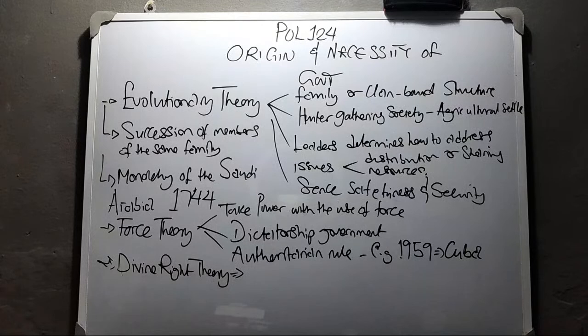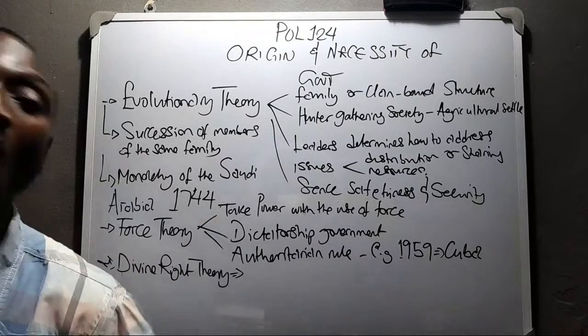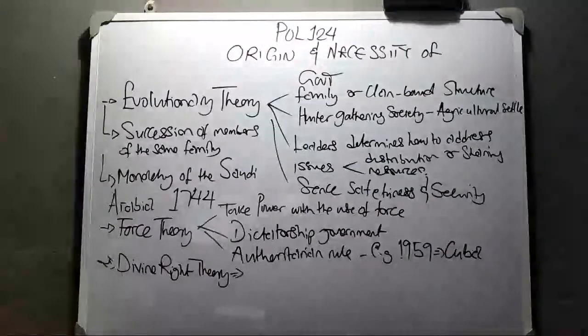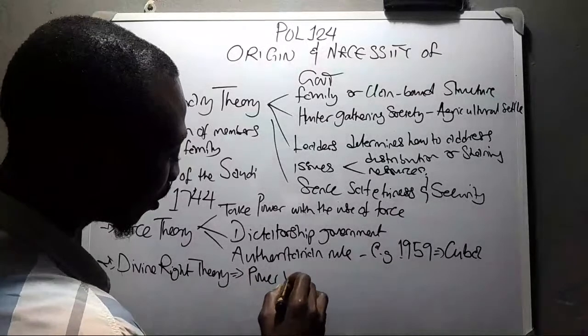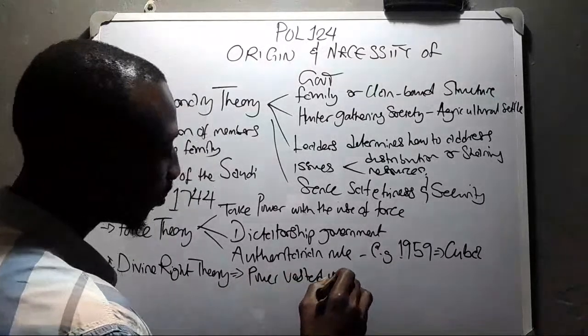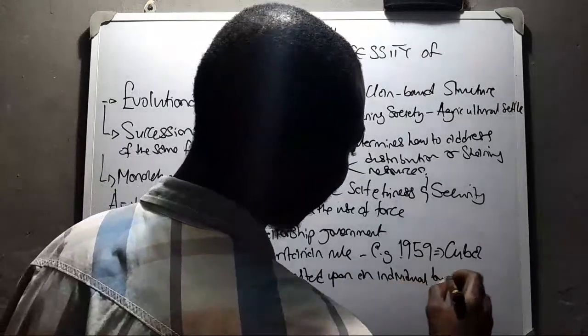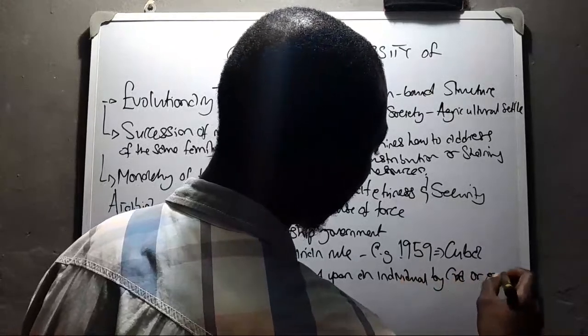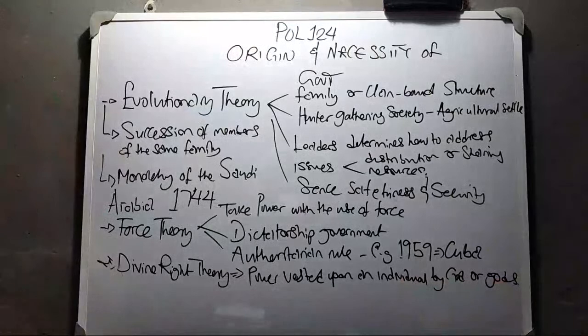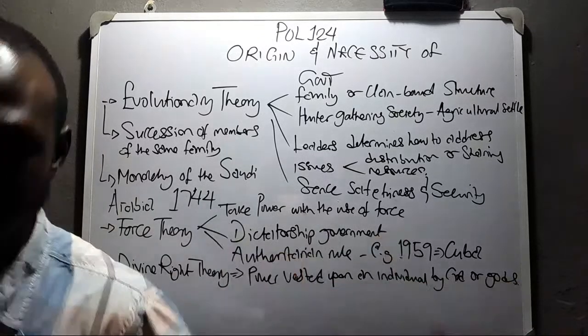This theory is about governments originating with power vested upon an individual by God or gods. When they say government originates as a result of God or gods vesting power on an individual.